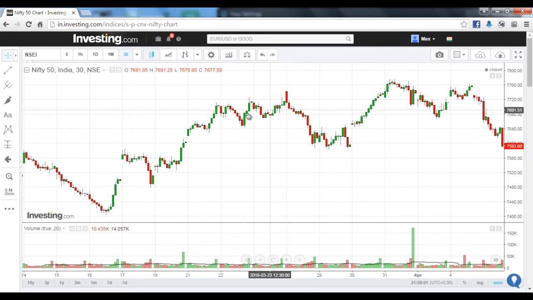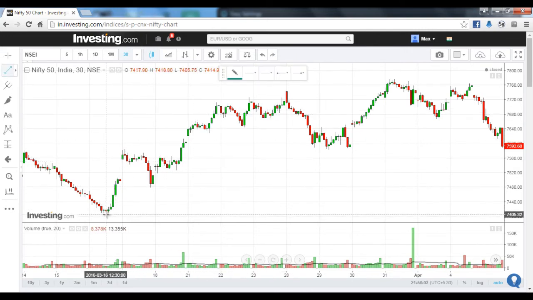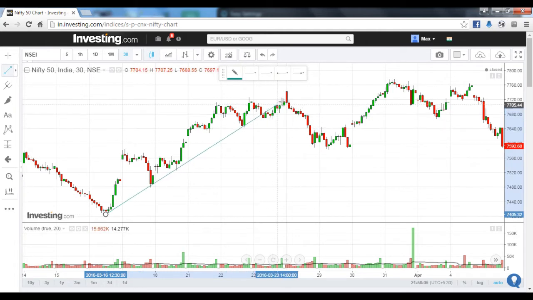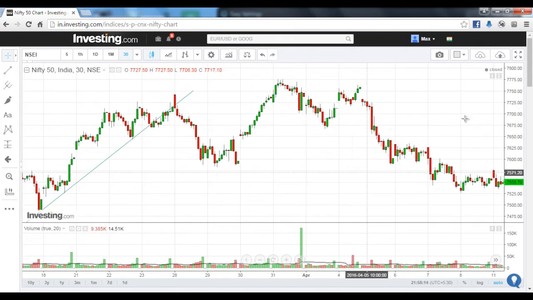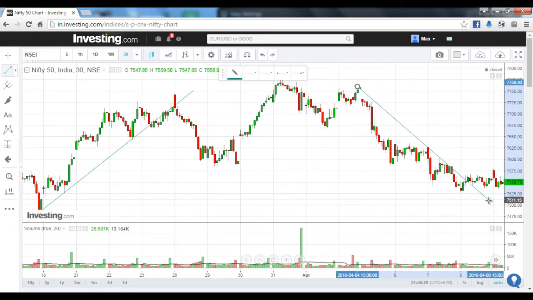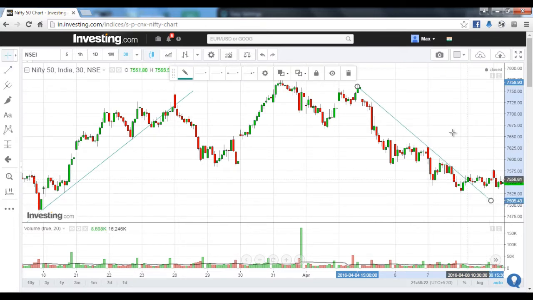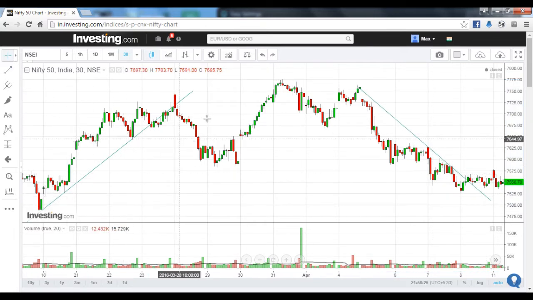So here you have one clean uptrend, so I will draw a trend line here. Uptrend, and the underlying trend is bullish. Here we have a downtrend, so again I will draw a downtrend line. So a clean uptrend and a clean downtrend.